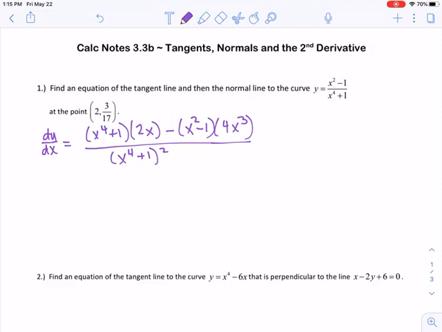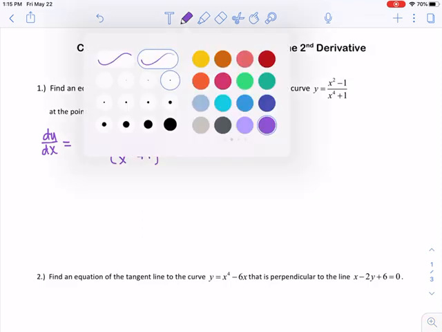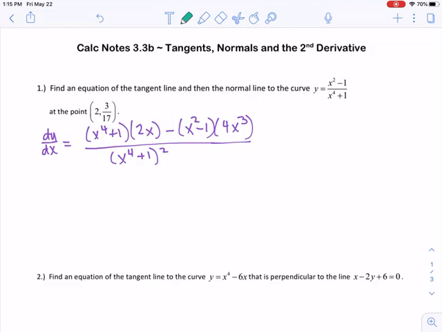Well, we want to find the slope of the tangent at the point 2, 3/17. So let's go ahead and find the slope when our x-coordinate is 2. So we want to find the slope when x is equal to 2.